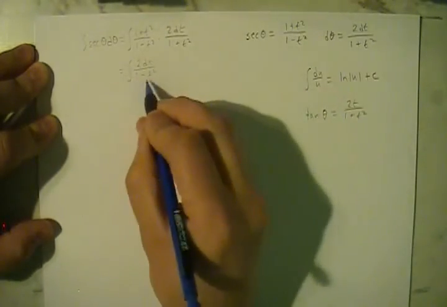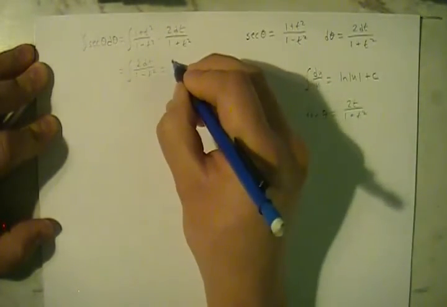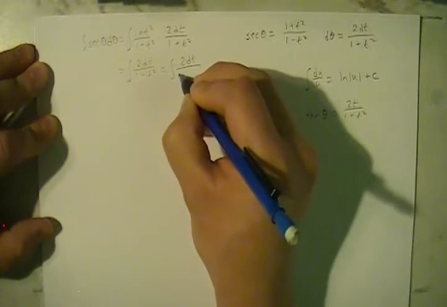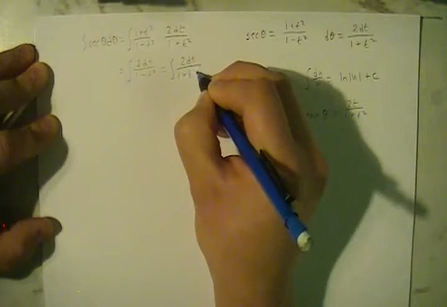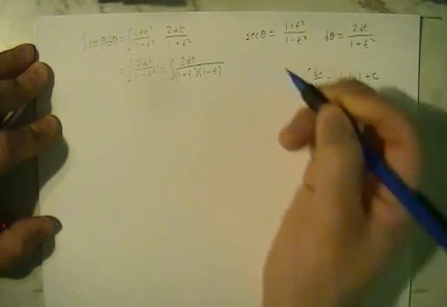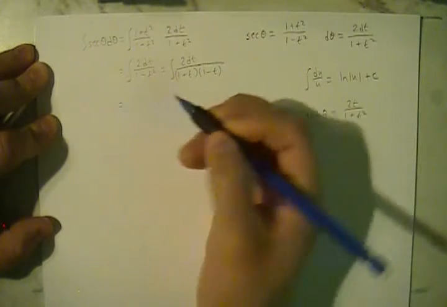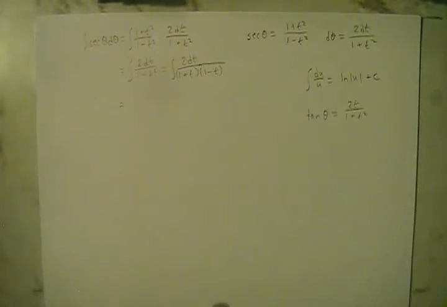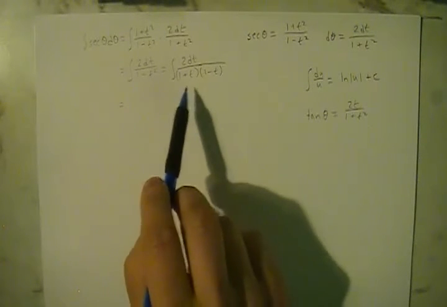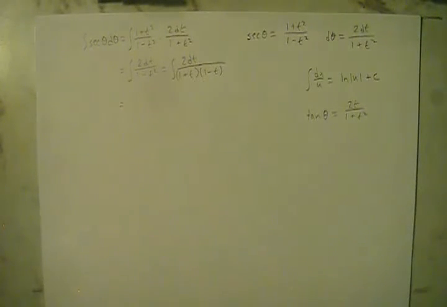Then we can factor that bottom term, and we have the integral of 2 dt divided by 1 plus t times 1 minus t. And this is actually very similar to the last one. Which is interesting, is that we reduce these problems into similar problems of integrating rational functions.